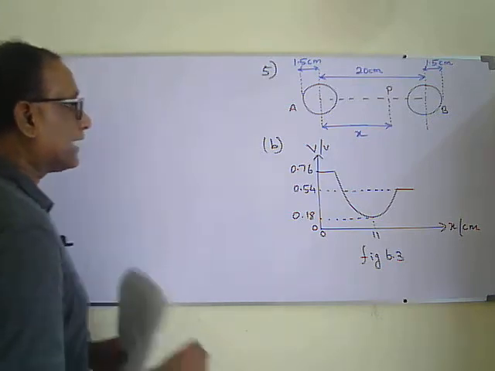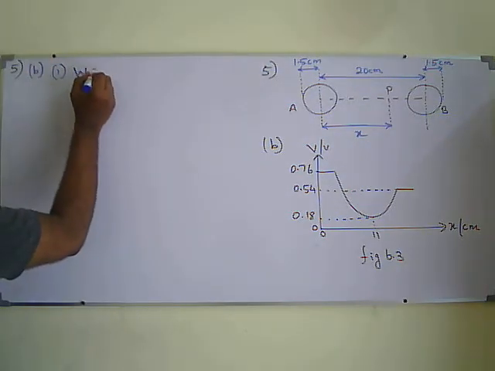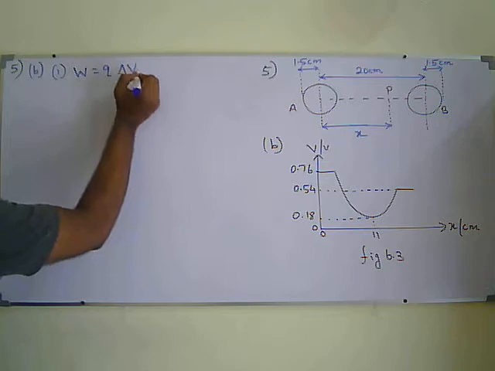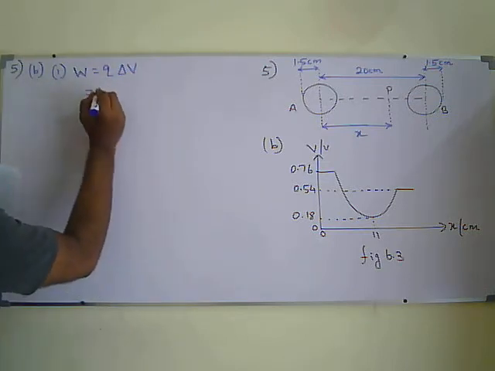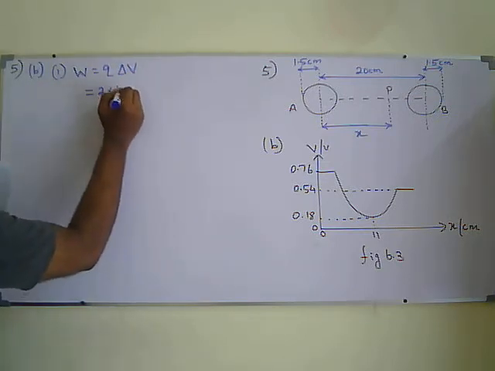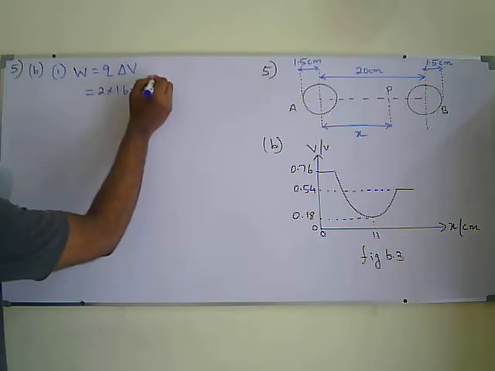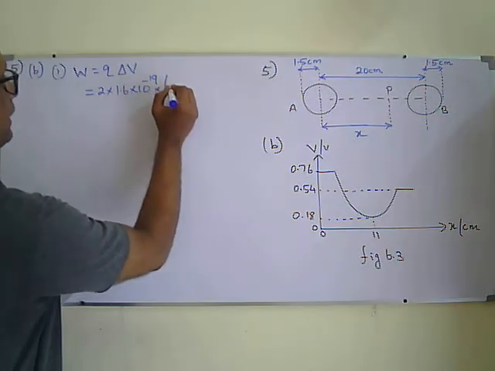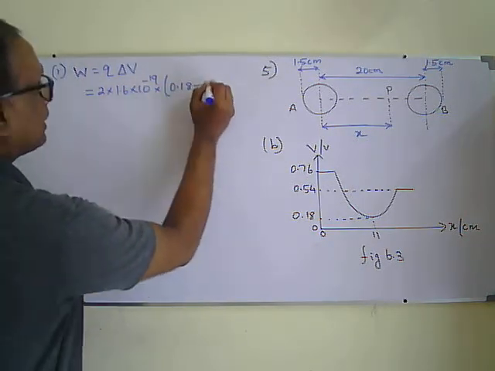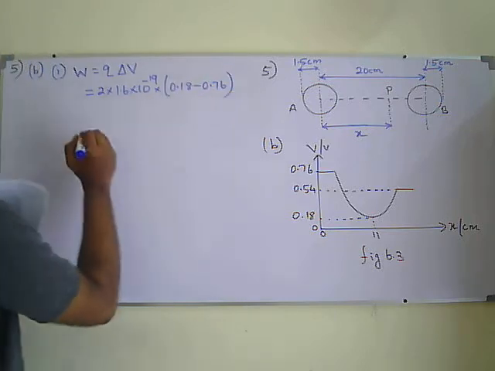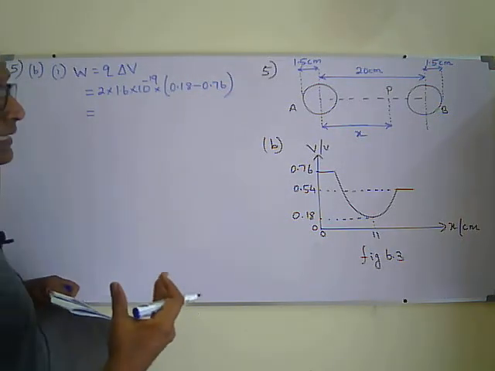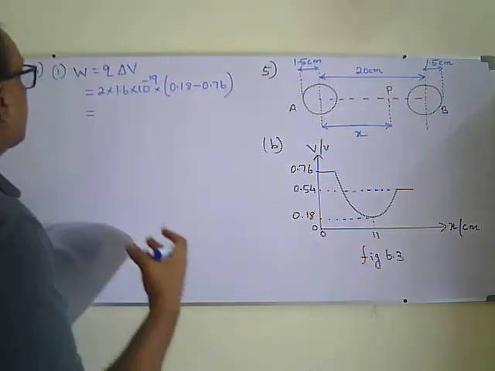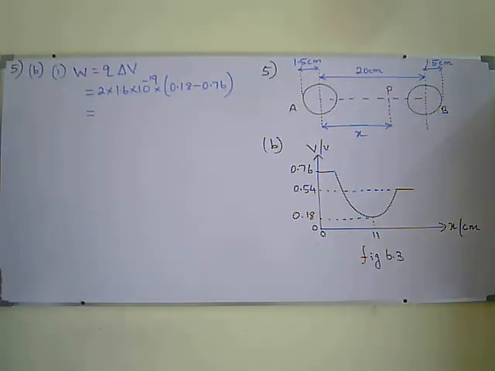So I can say work done is equal to Q times delta V. The charge of the alpha particle is 2 into 1.6 into 10 to the power minus 19. Delta V, the change in potential, is 0.18 minus 0.76. You will get a negative work done. That means the alpha particle is going to gain kinetic energy. So solve this, and you will get the work done, which is a negative quantity.